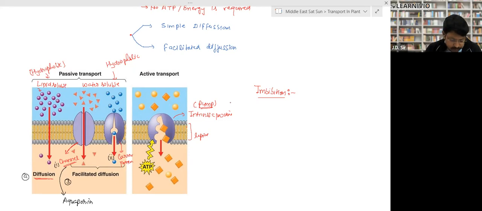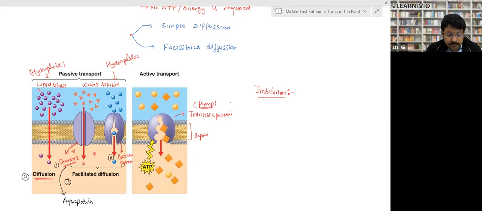Clear? So please note it down. The absorption of water by solid particles of an absorbent, causing increase in volume without forming a solution, is called imbibition.